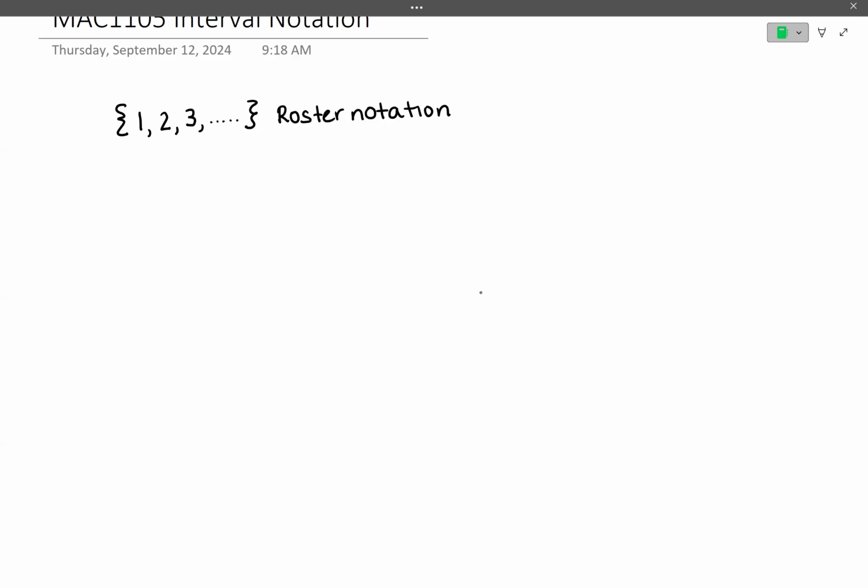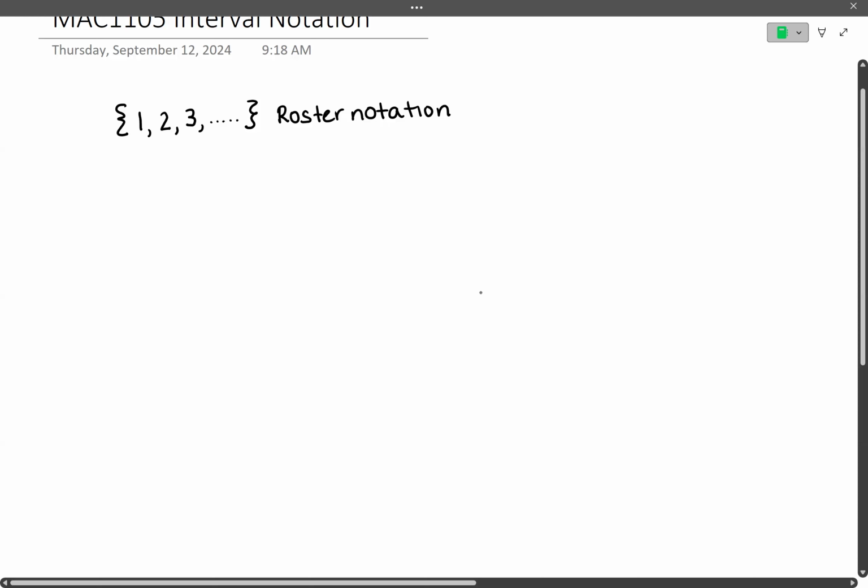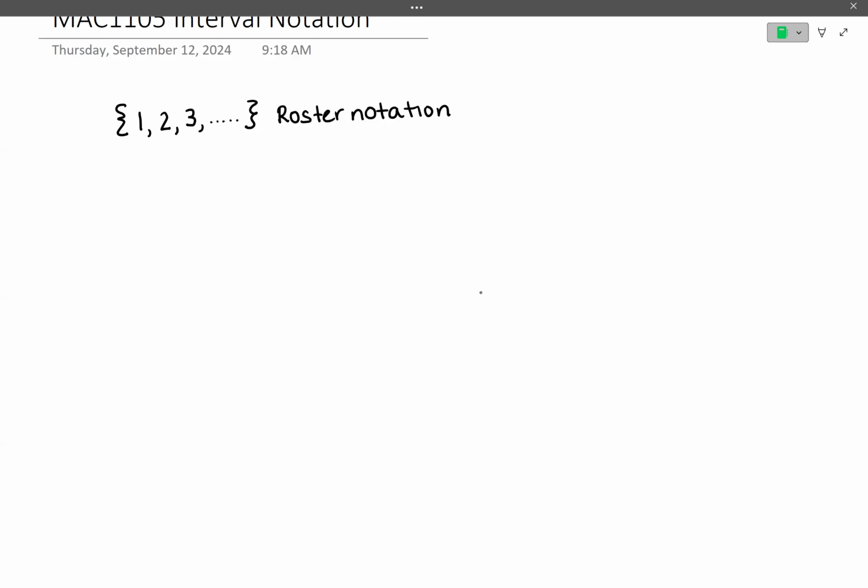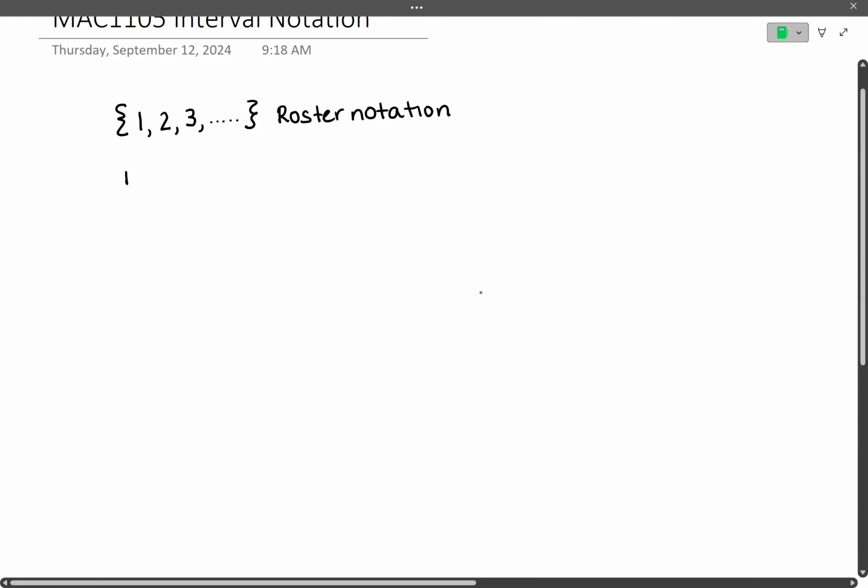Like, sure, there's regular numbers that we're used to, like 1, 2, and 3, and 1.5, and 1 3/4, and 2.5, and 2.1. But there's also like infinitely many decimals in there, and there's so many that there's no way that I could actually list them. So I can't use something like roster notation if I want to say, hey, all the numbers ever between, say, 4 and 6. Okay, so let's write that down.